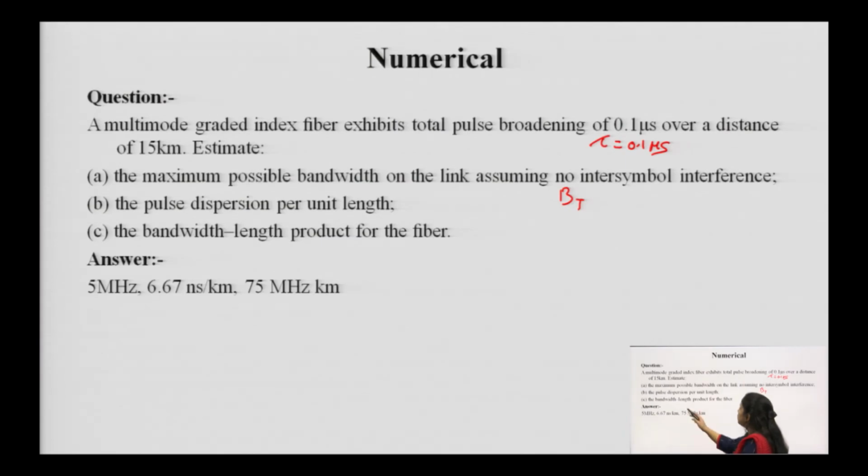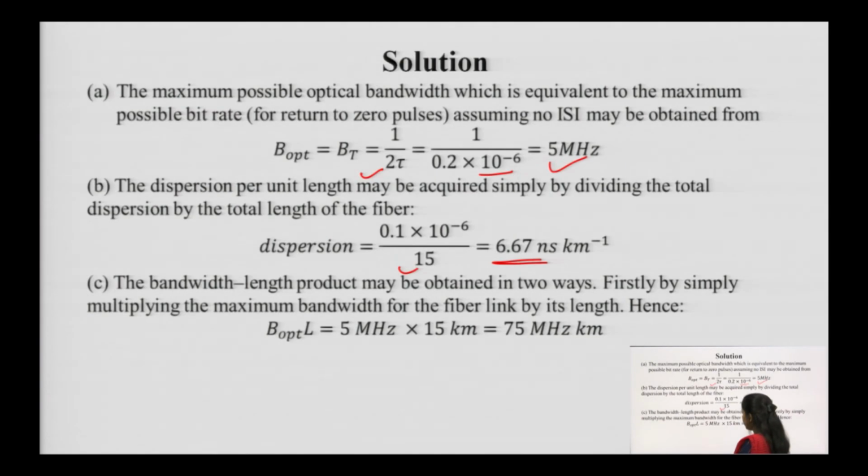For the third question, the bandwidth length product of the fiber, we have already calculated the bandwidth as 5 megahertz and the length is 15 kilometer. By taking the product of that, we get the bandwidth length product. This is a very simple numerical which depends only on the values and the formulas.